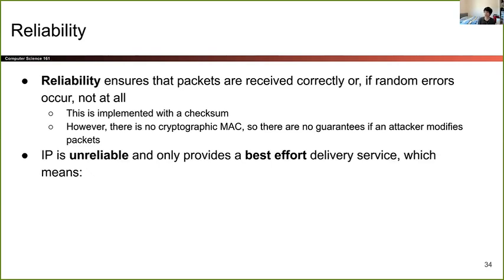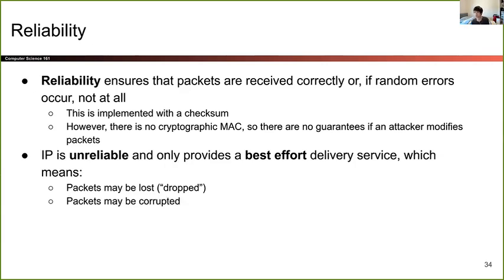IP is not reliable. It is considered unreliable, and it provides something called best effort service. This means that you could accidentally lose a packet, you could accidentally receive a corrupted packet. If I send 2 packets, they might get to the destination in the wrong order.